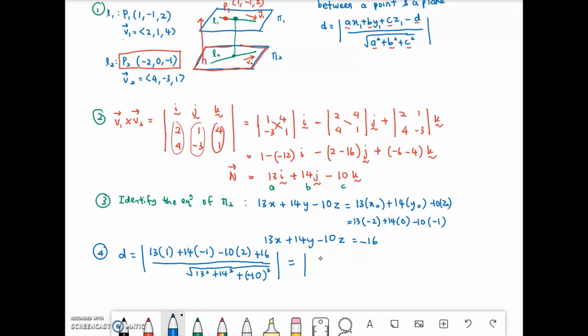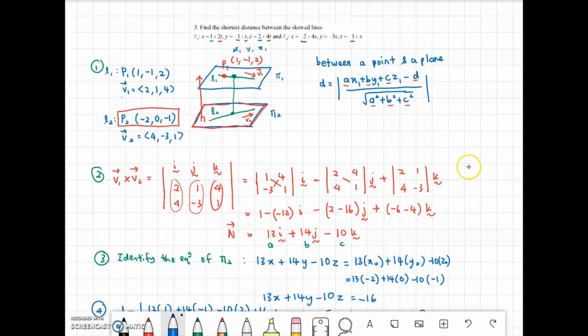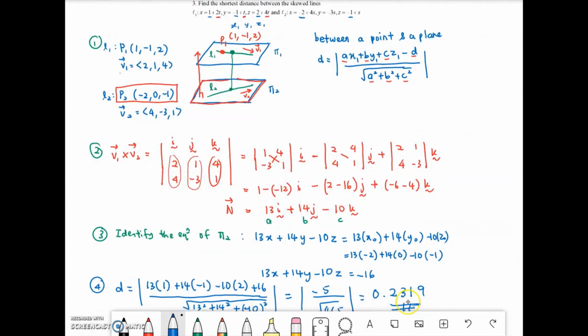This will be -5 divided by the square root of 465, and since this is an absolute value, the negative becomes positive, and the final answer will be 0.2319. So the shortest distance between these two lines is 0.2319.